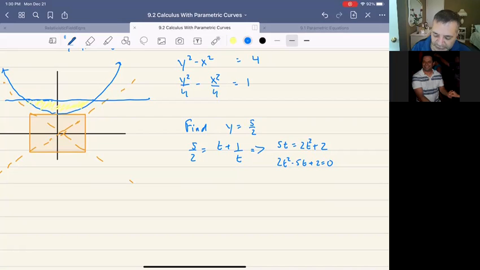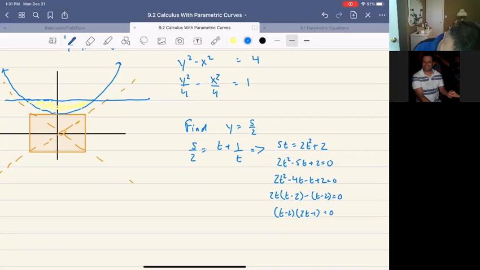I need 2 numbers that multiply to 4 and add to 5: 4 and 1. So I write 5 as 4 plus 1, and then factor by grouping. These are my 2 t values.